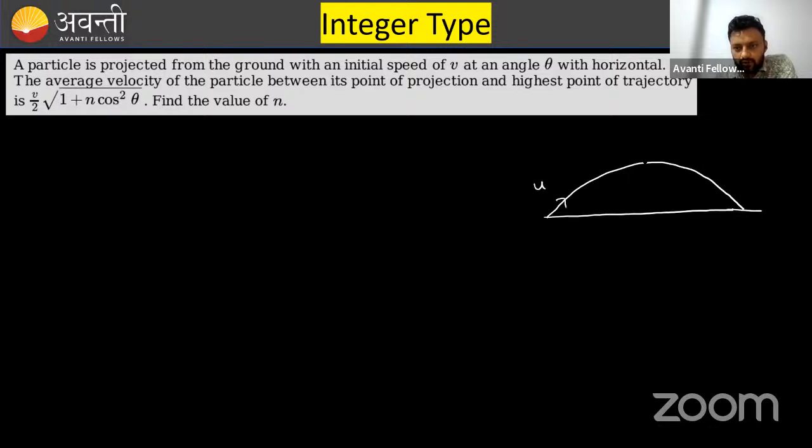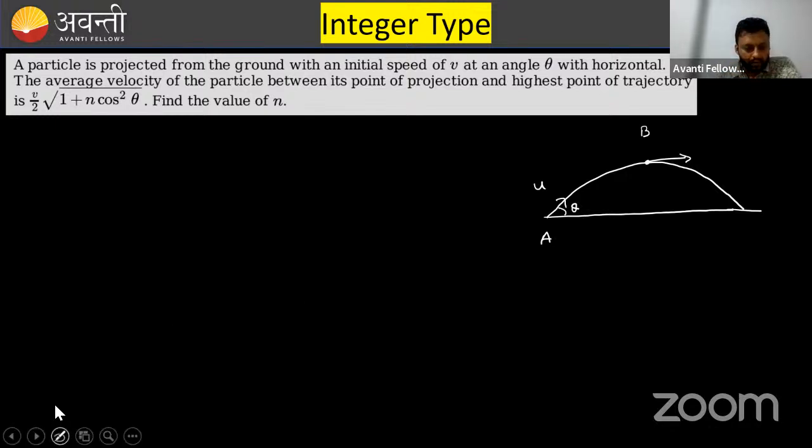Initial speed u and angle is theta. The average velocity of the particle between its point of projection, let's suppose point A, and the highest point of the trajectory, let's suppose this point is B. Between these two positions, we have to calculate the average velocity.